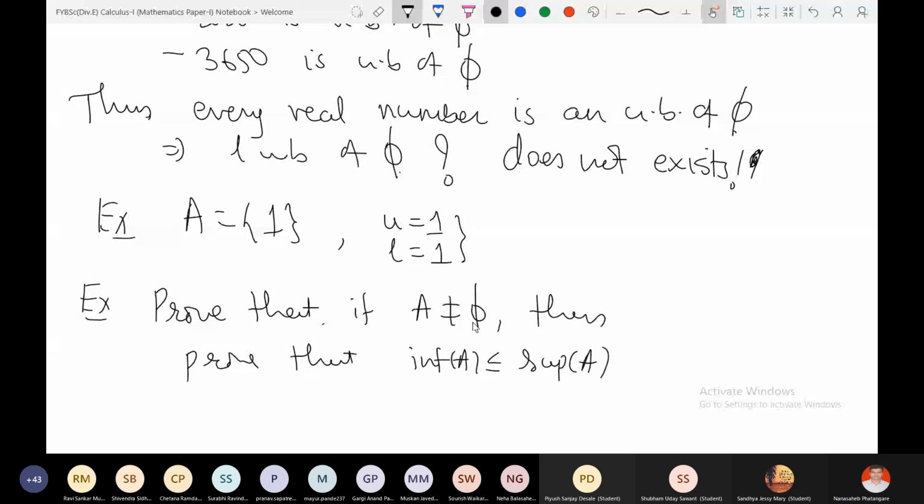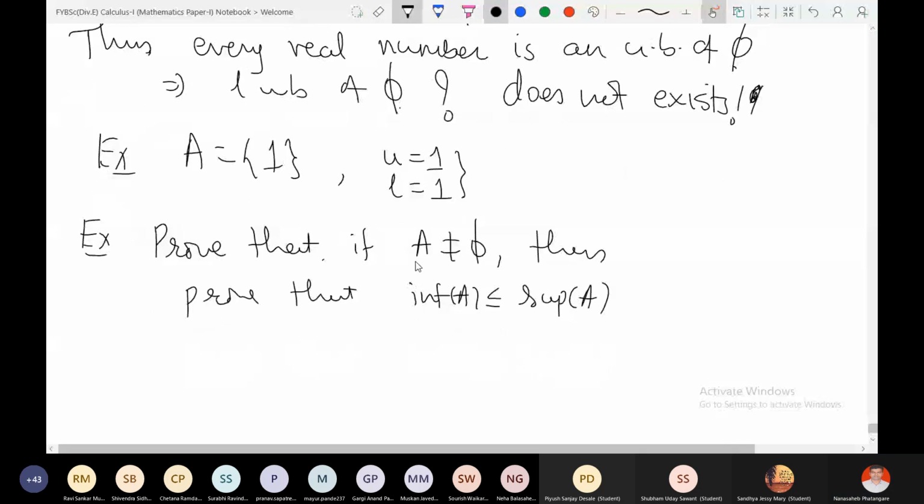Every real number is an upper bound, and for a non-empty set the upper bound is always greater than or equal to the lower bound. Is it clear now? Yes, sir. So very unusual things happen with the empty set, so the empty set is not important for us.